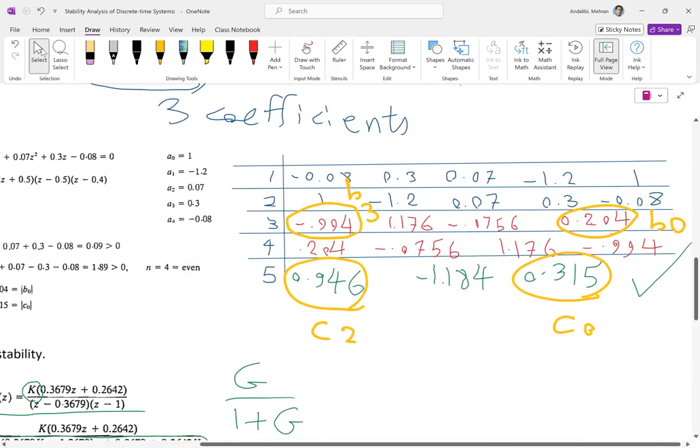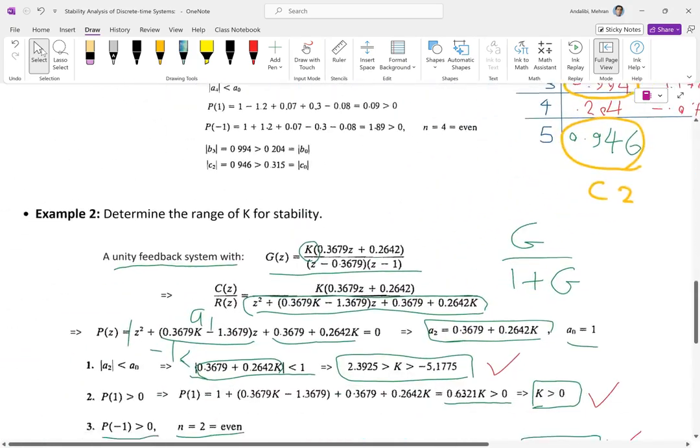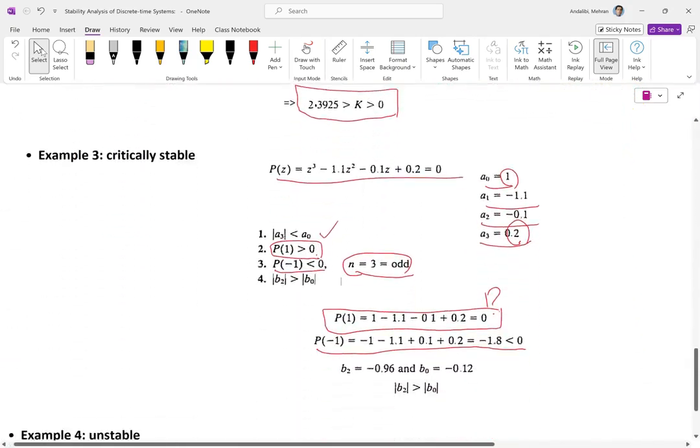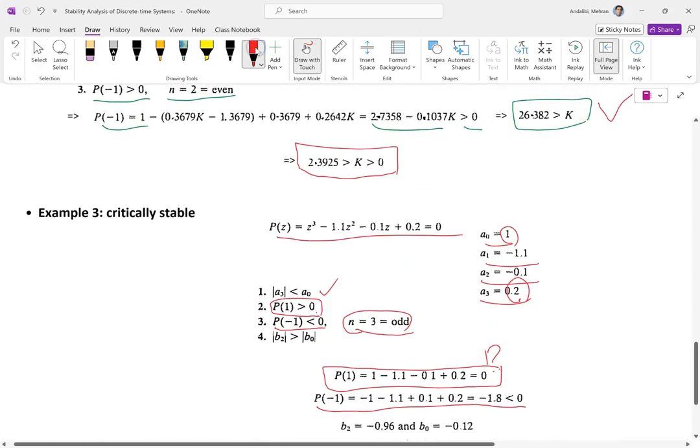B2. And so here, all you need is to go, on the first row, if you remember, you start from the last A and go to the first A. So if you want to form that table, here the first number that you have is 0.2, right? And then negative 0.1 and negative 1.1 and 1.